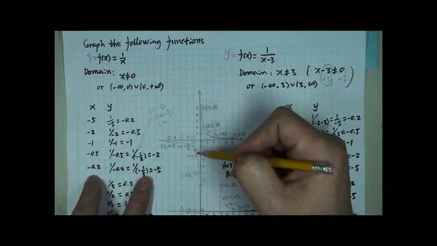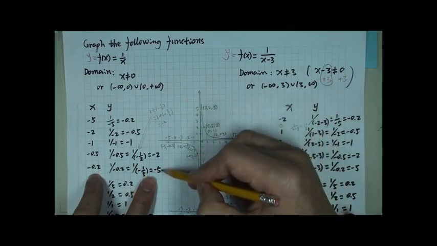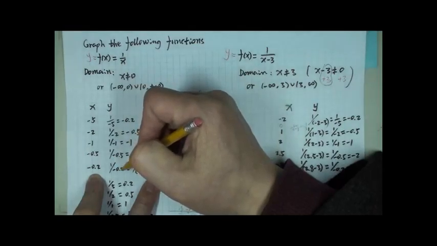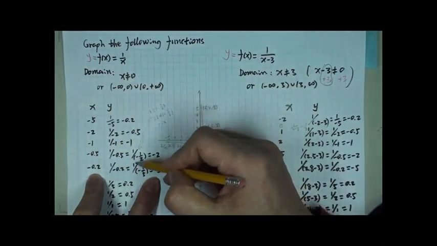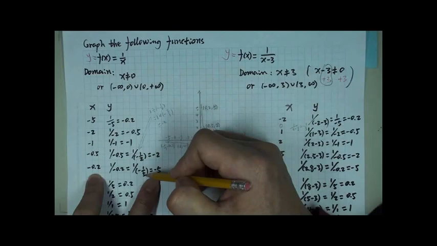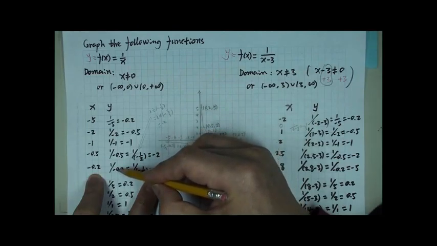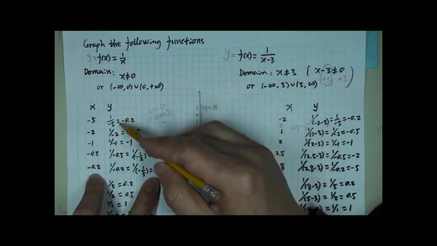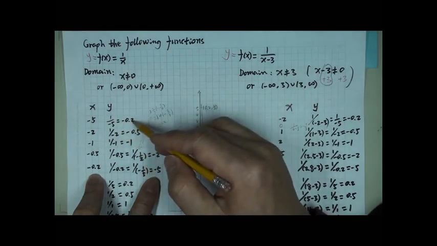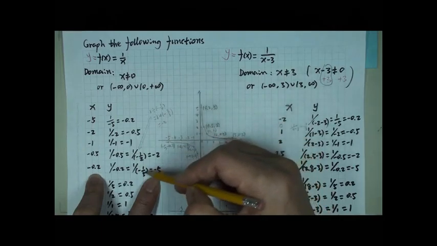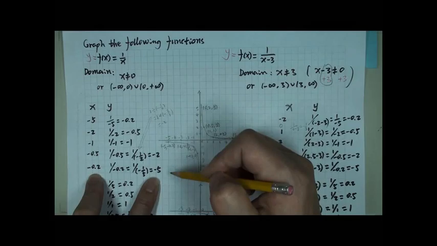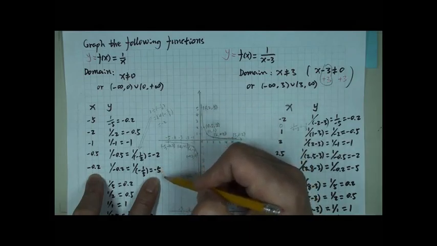Now for negative 0.2, you plug in 1 divided by negative 0.2, which is 1 divided by negative 1/5. You know 0.2 is actually 1/5. You flip the 1/5 up like we did here, so you have negative 5.